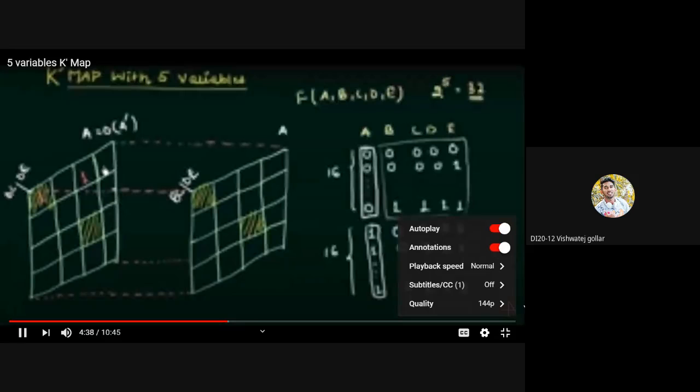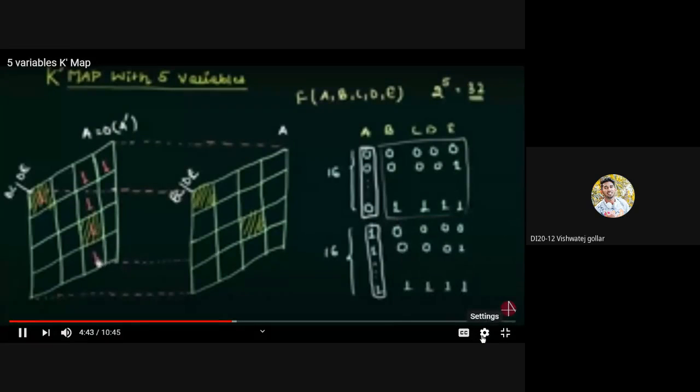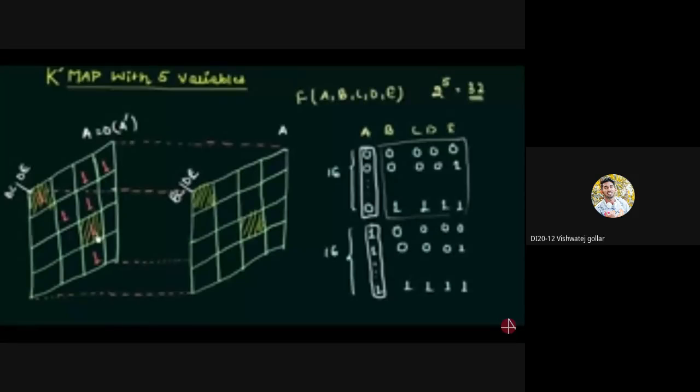One here, one. Let me first fill the map, then I will explain how to do it. And in this map, we have 1 over here.